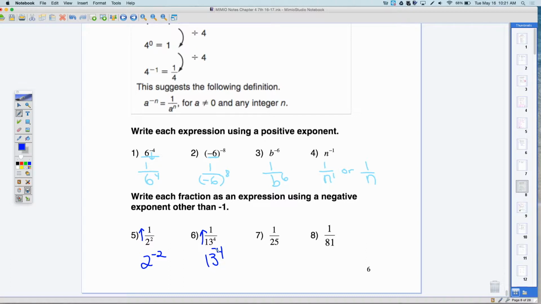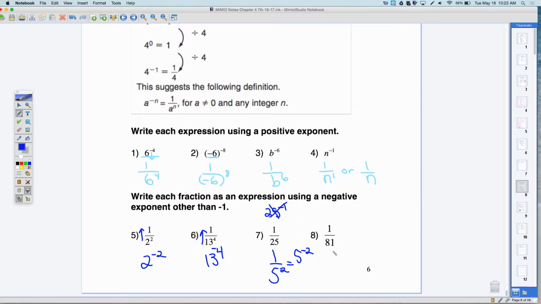On number 7, it says 1 over 25, but no negative exponents, so we can't have it as 25 to the negative first power. We need to rewrite 25 as a product of two numbers, which is 5 to the second power. So it would be 5 to the negative second power.